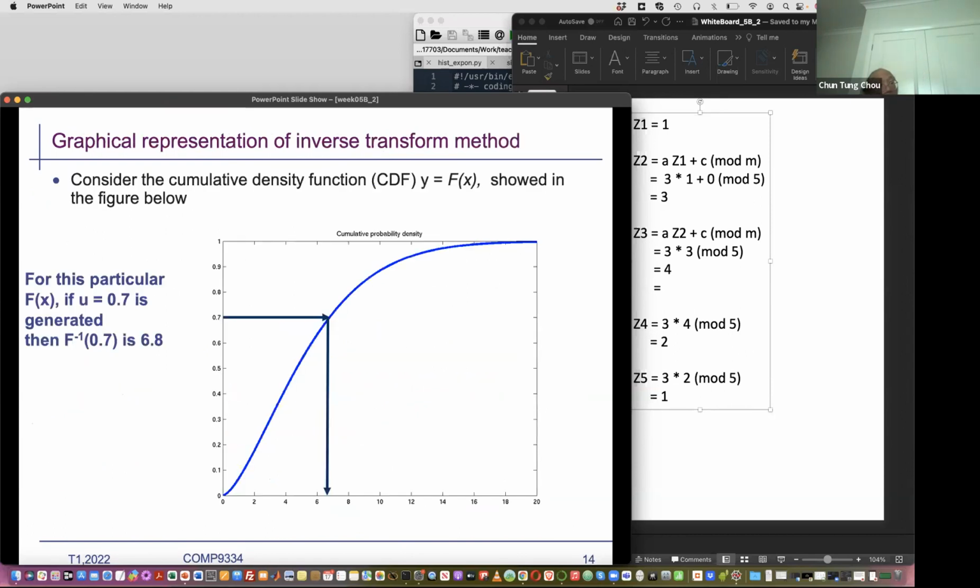Now, the method that I'm trying to tell you is what people call the inverse cumulative density function. The lower limit must be 0, the upper limit is 1.